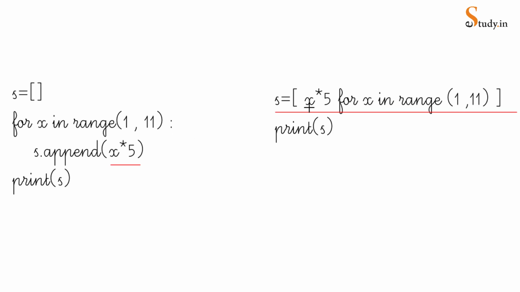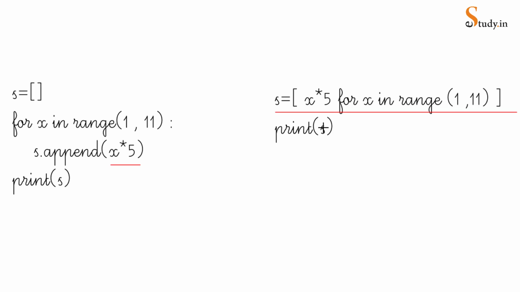This part is the expression, this x into 5. This is what we call the expression, and then for x in range. So it will pick up one value of x from here, then add it to the list. So that becomes 1 into 5. Then it picks up the next value from the range, that is 2. So x is 2, so 2 into 5, and so on.